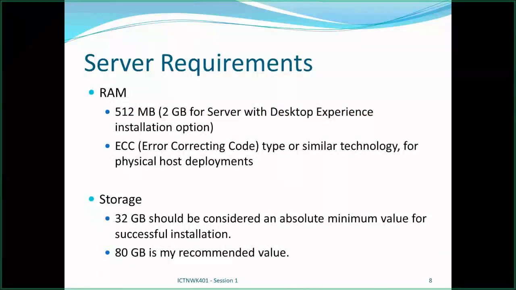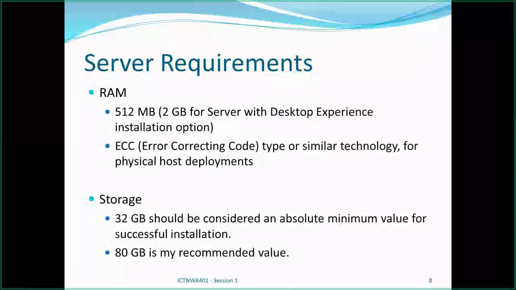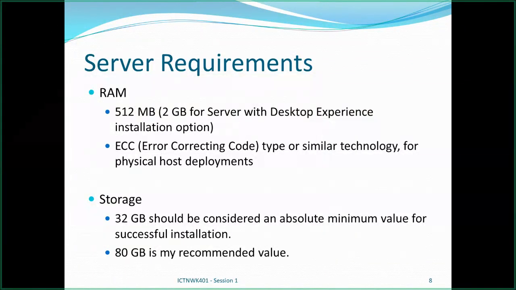Minimum memory is 512 megabytes, but as usual, the lower the RAM, the less functionality you will have, and the lower the performance. You have to have 2 gigabytes of RAM if you want to have a GUI desktop for 2019, otherwise you're just command lining.